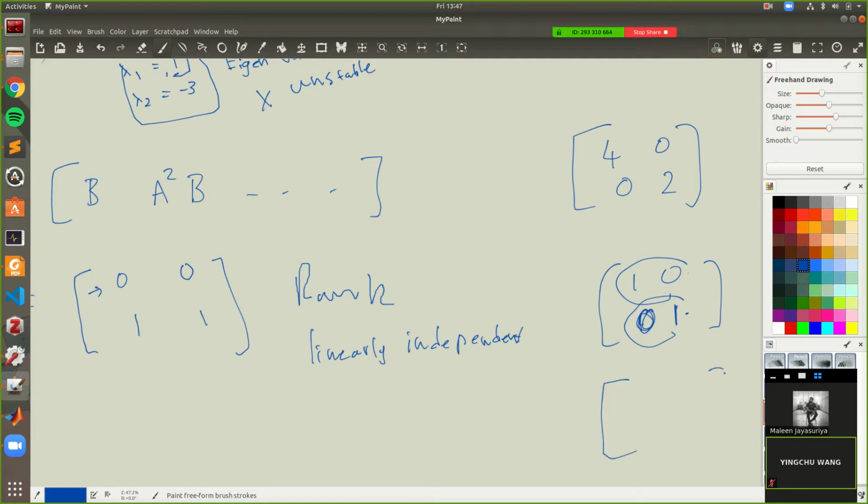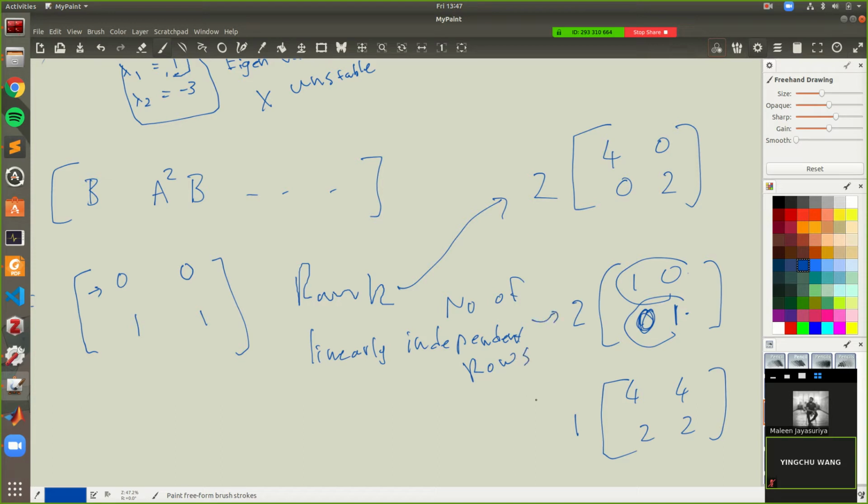But if I had a matrix like this, I can just multiply this row to obtain this row, or divide this row to obtain this row. So the number of linearly independent rows here is 1, here it is 2, and here it's also 2. Your rank is the number of linearly independent rows.